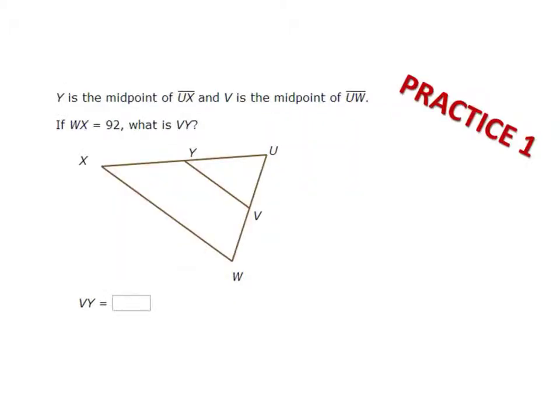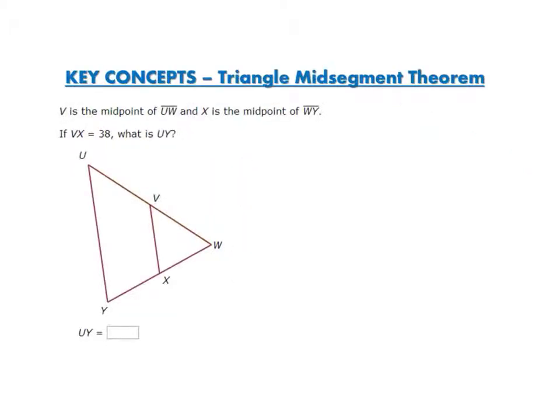Your practice problem 1 says Y is the midpoint of UX and V is the midpoint of UW. If WX equals 92, what is VY? Next problem. V is the midpoint of UW and X is the midpoint of WY.